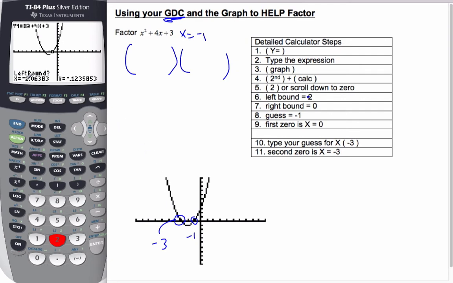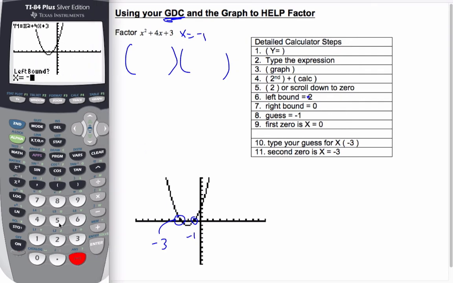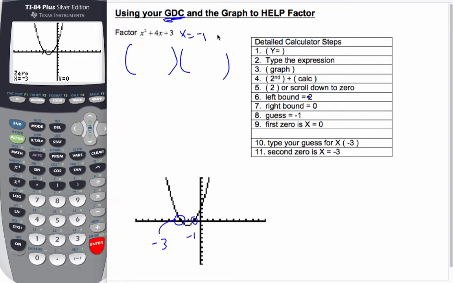Now the calculator is asking me to go left of -3, so -5 is left of -3. For the right bound I'm going to type in -2, because I want to make sure that I don't capture both x-intercepts. I want to be between the two. Finally my guess is -3, and indeed it is correct.